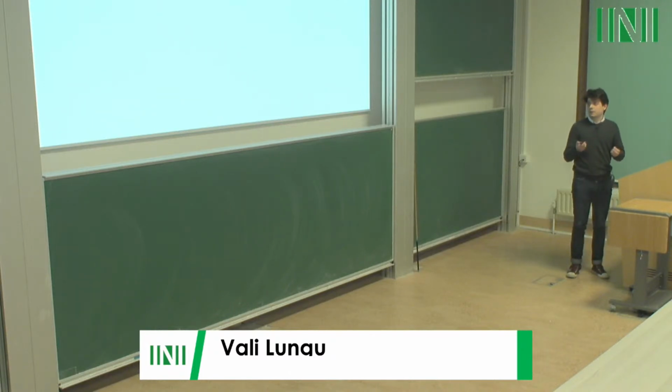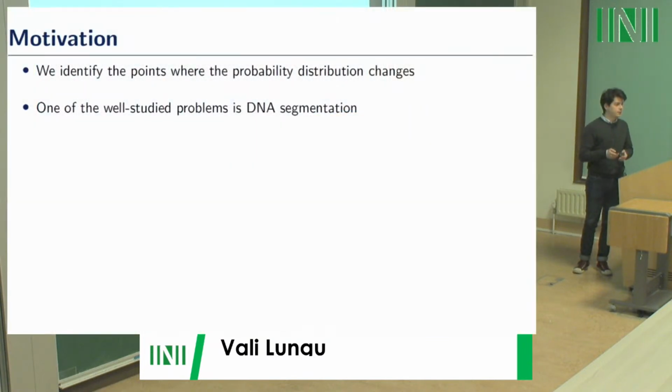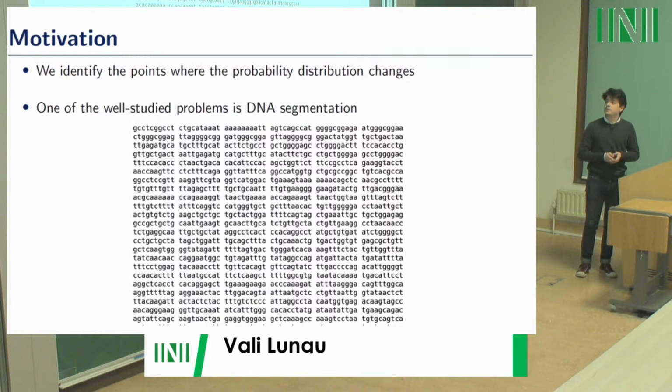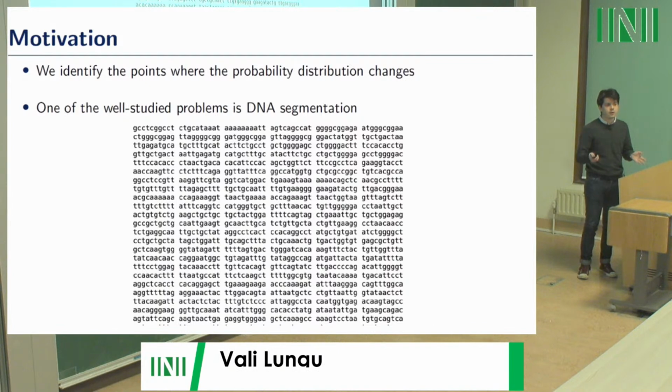Perhaps one of the most well-known problems related to this statistical problem comes from biology, and it's called the problem of DNA segmentation. As you might already know, each DNA genome can be transcribed as a long sequence of letters where each observation can take only 4 values, A, C, T, or G. So that's why we have a discrete alphabet in this case.